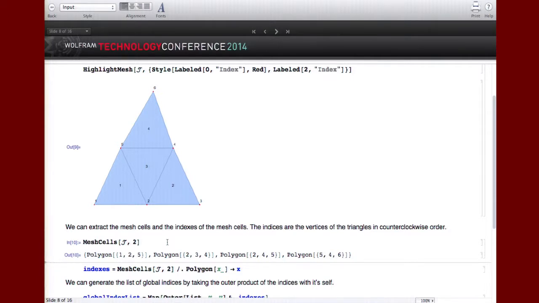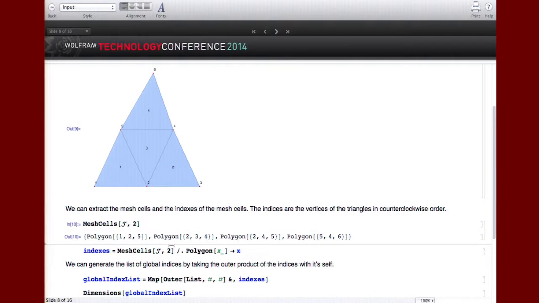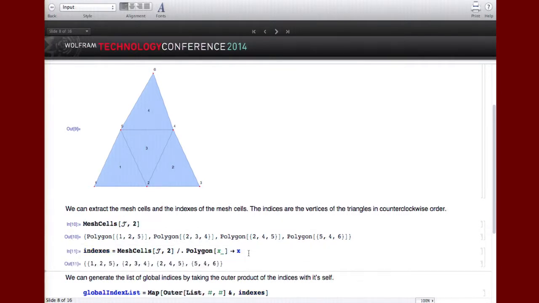That extracts the polygons. Then I can extract a set of indices from those just by getting rid of the polygon. So these are the indices. For instance, my first triangle is 1, 2, 5; the second triangle is 2, 3, 4, and so on.